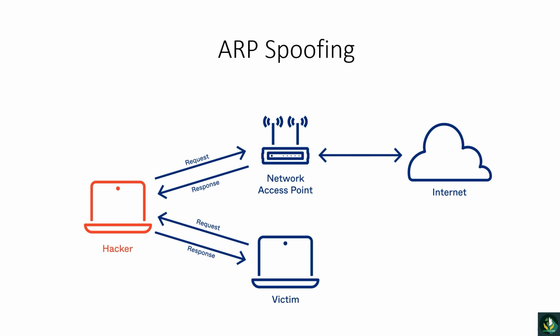We just simply type the website name like bbc.com. So the initial request is going to be sent over HTTP, and the hacker, being the man in the middle, is going to receive this and forward it to the internet.